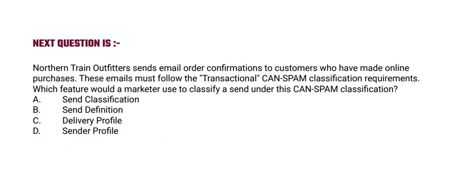Next question is: Northern Trail Outfitters sends email order confirmations to customers who have made online purchases. These emails must follow the transactional CAN spam classification requirements. Which feature would a marketer use to classify a send under this CAN spam classification?